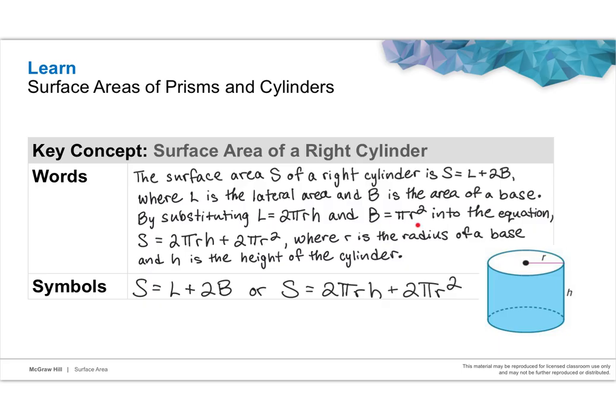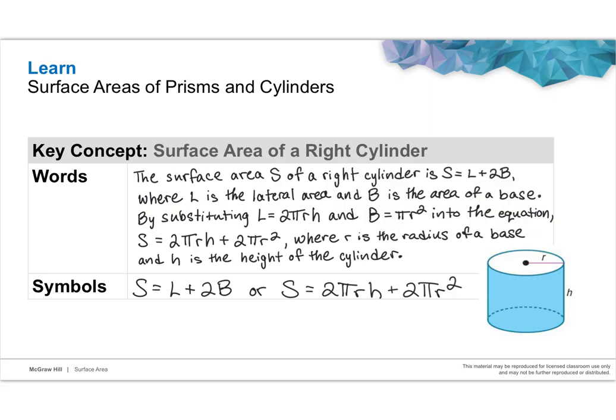So we're going to substitute that in, and we get that the surface area is lateral area plus 2 base areas, or the surface area of a cylinder is 2 pi rh plus 2 pi r squared. And again, only 2 dimensions factor into that, and that is the radius of the cylinder and the height of the cylinder.